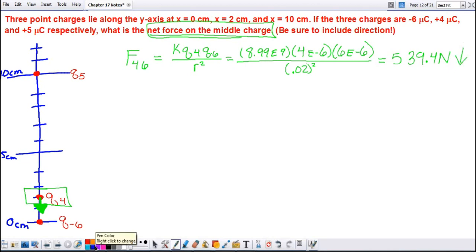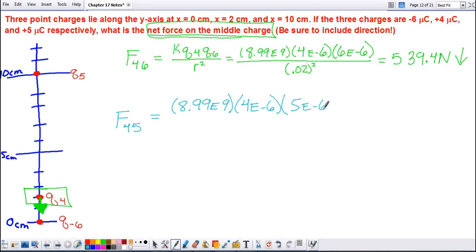Okay, then let's go ahead and look at the force on charge 4 by charge 5. So Coulomb's constant again, 8.99 times 10 to the 9th, times the first charge, which is 4 again, so 4 microcoulombs, and the second charge is charge 5 microcoulombs.